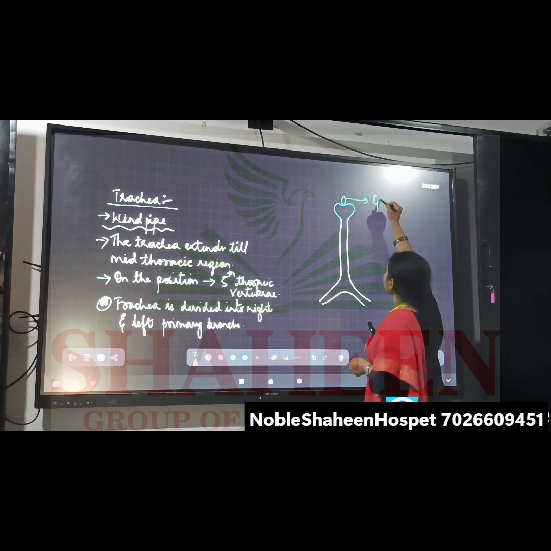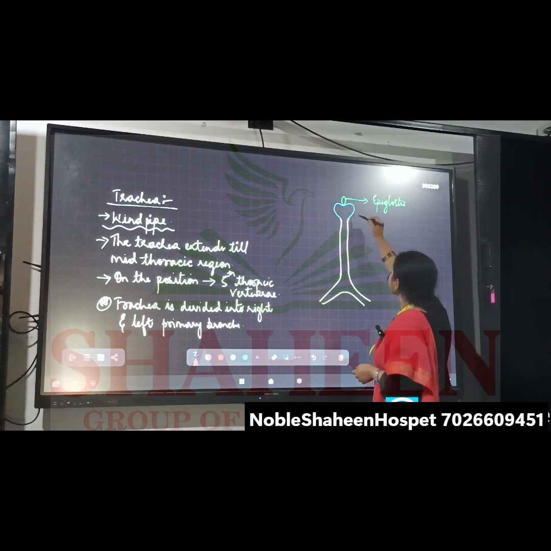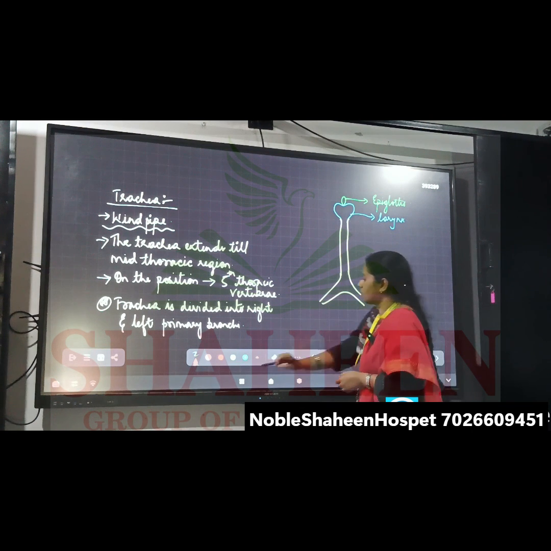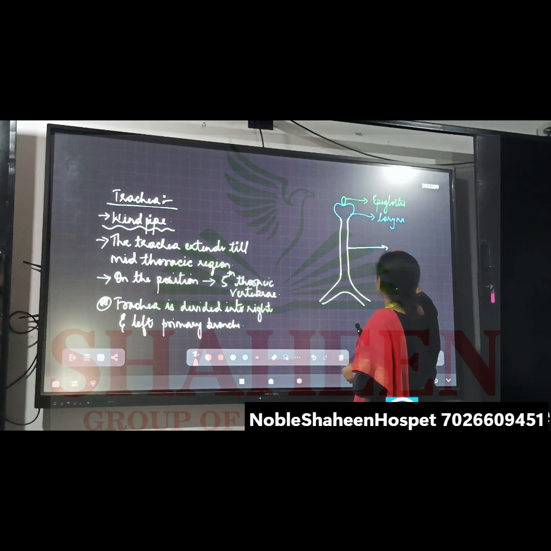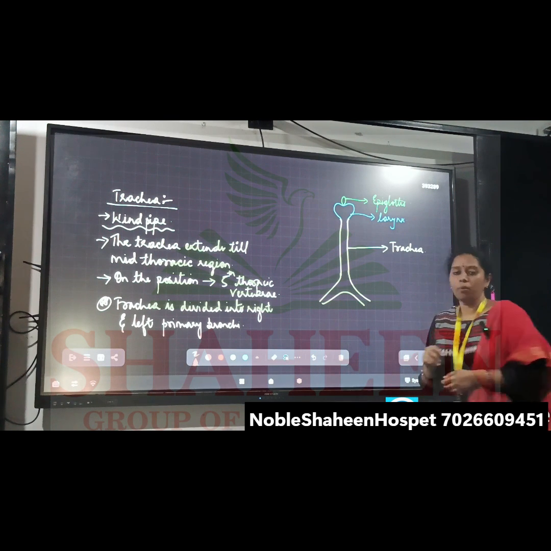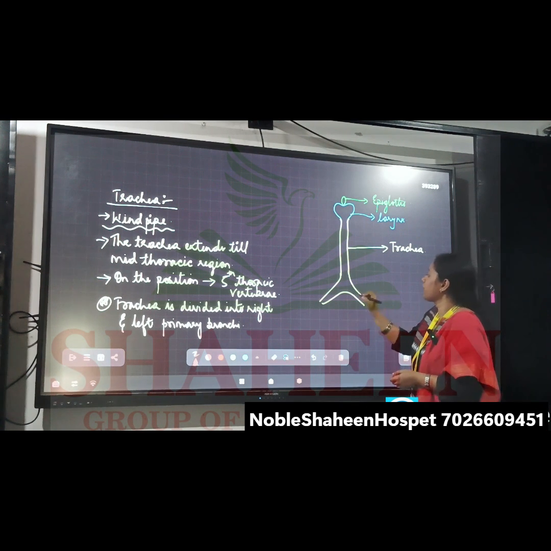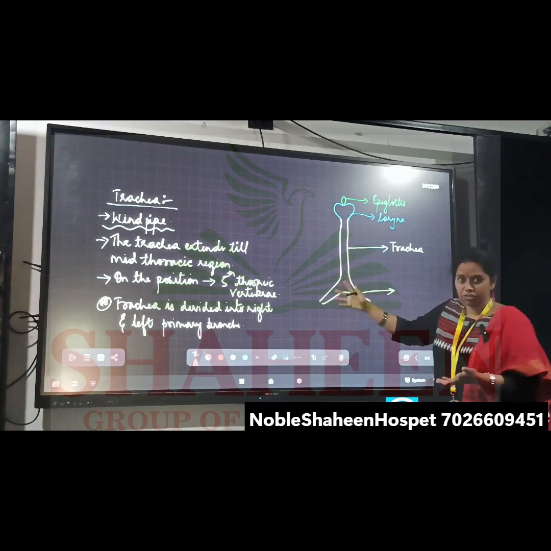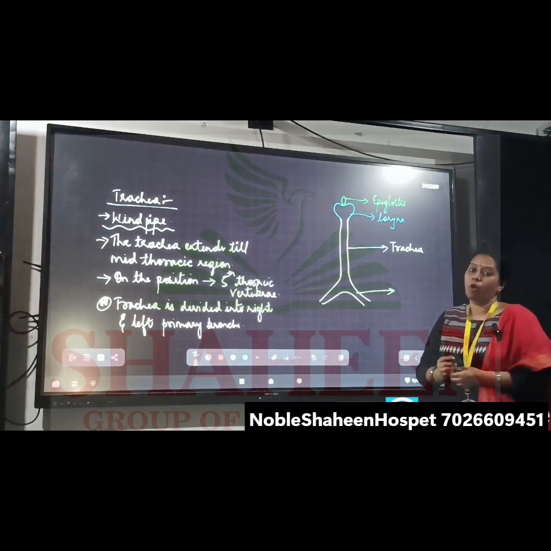This is epiglottis, this is larynx, just followed by trachea. Okay, so further what happens, trachea is going to branch into the primary bronchi.